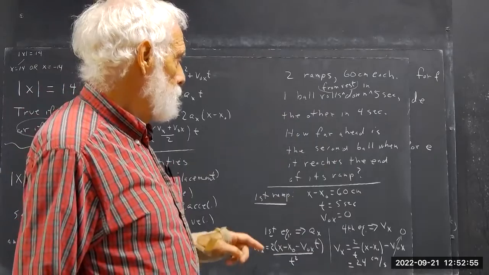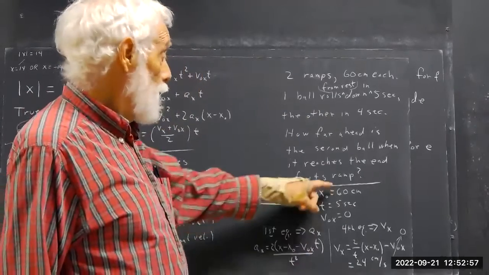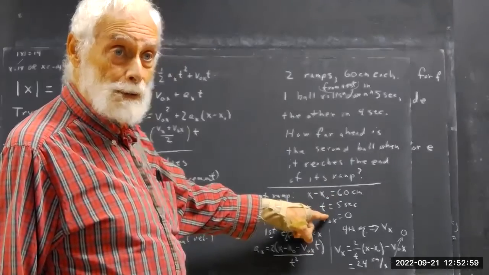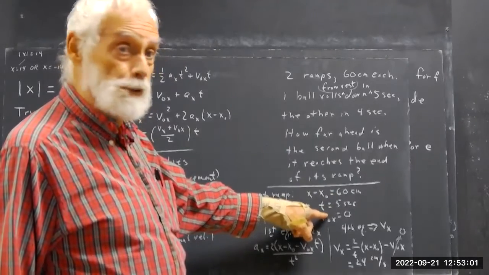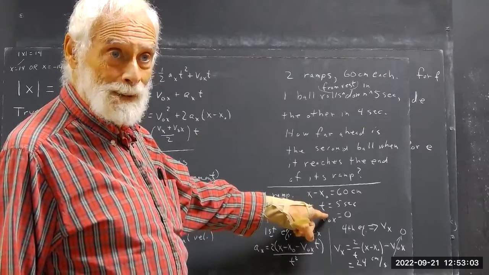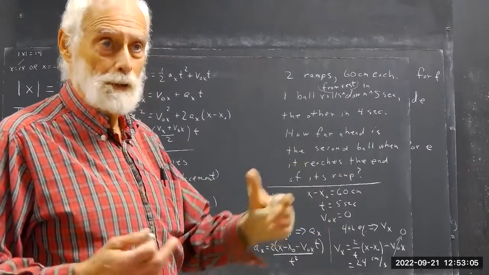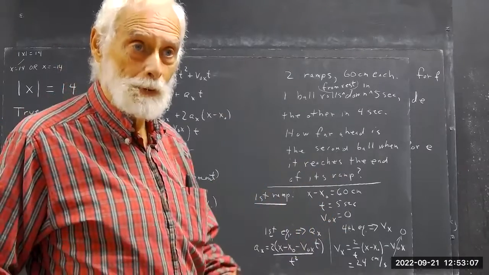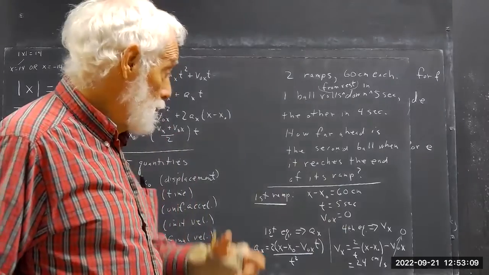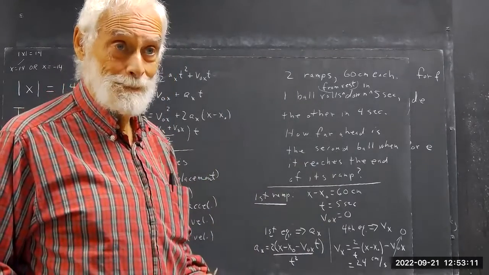You say, okay, well, I know what the average velocity is. That's like distance equals rate times time, but you have to identify the rate. It's the rate of change of position with respect to time. So that rate is your average velocity.